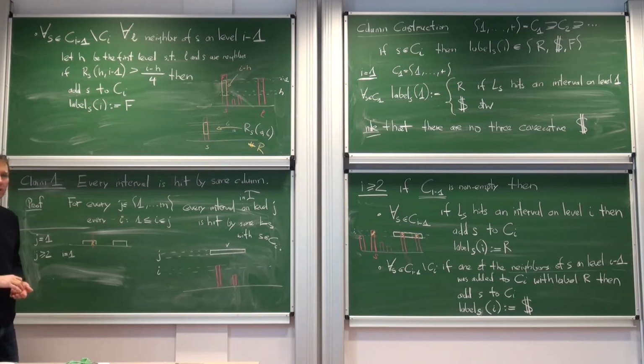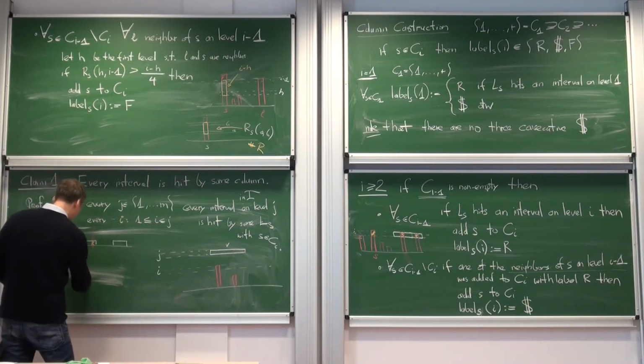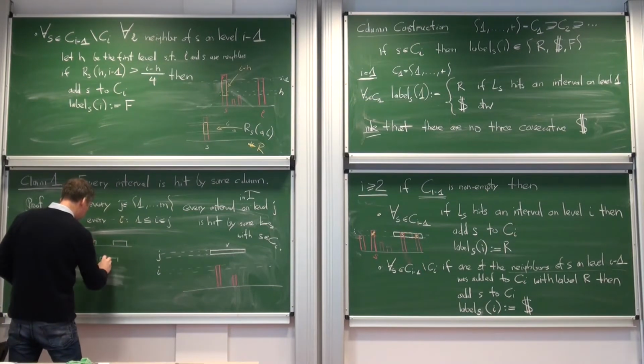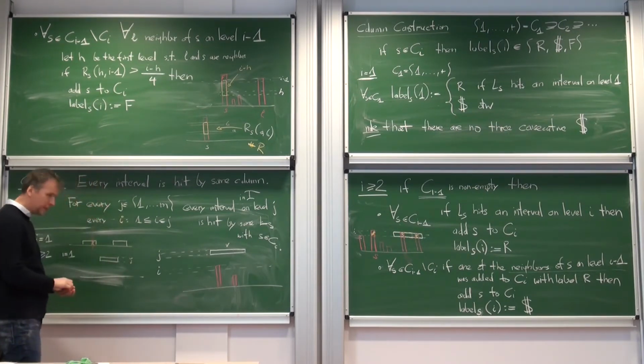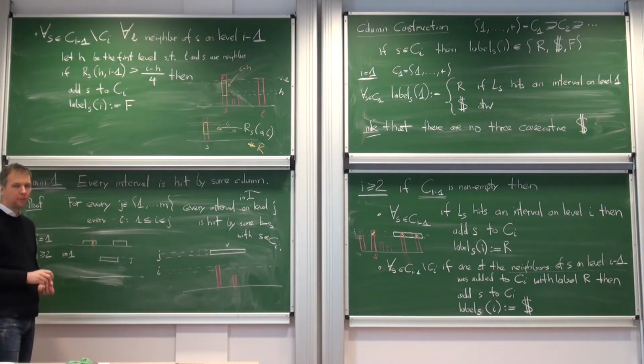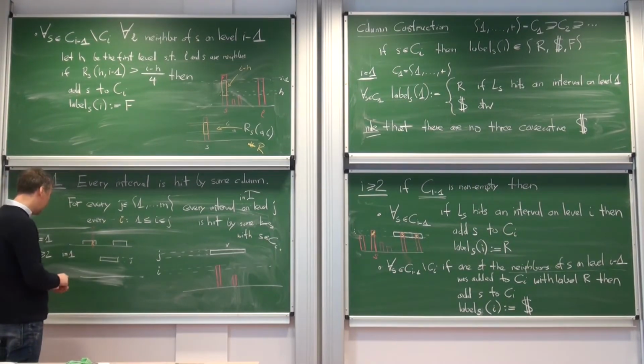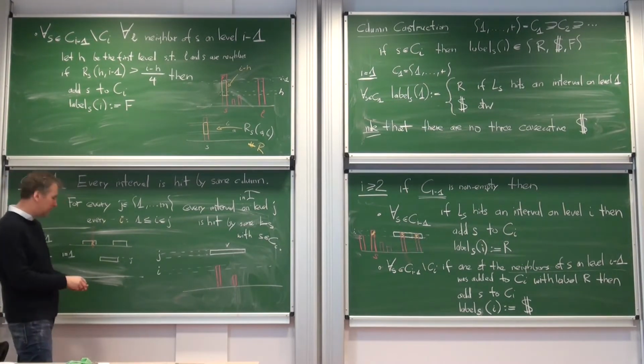This is more interesting a bit. This comes from the $ property I mentioned, because you look at some interval which is high there on level j, yeah, and you just want to see that some column. Oh no, that's actually trivial again. Sorry. That some column survives on level 1, but this guy is supported by a brick on level 1.